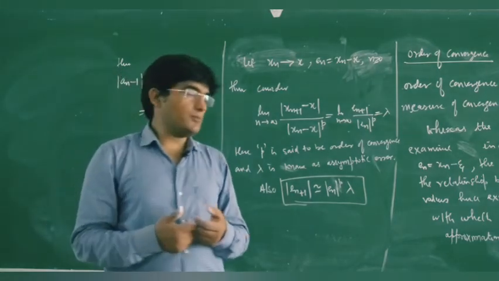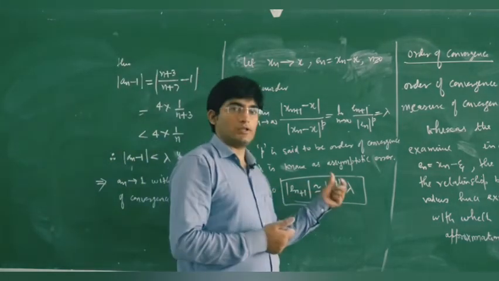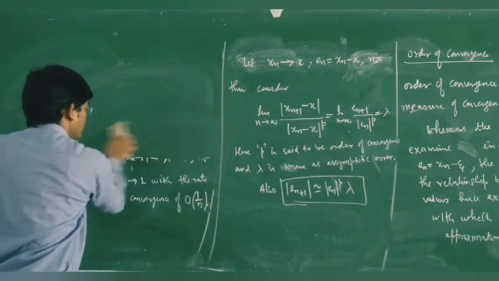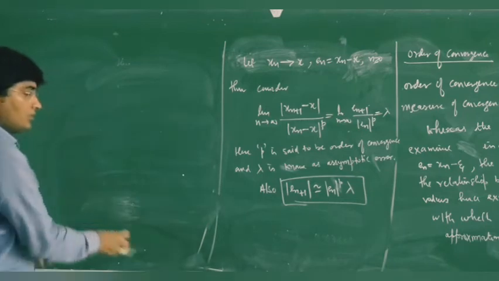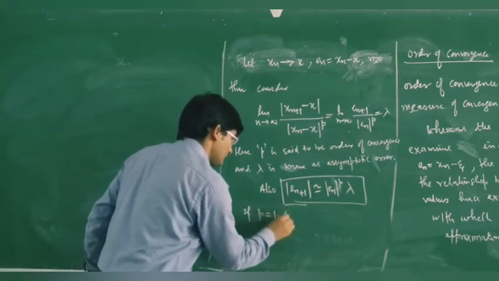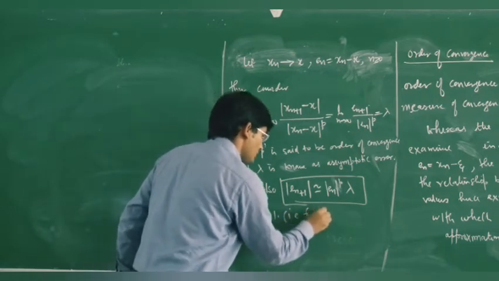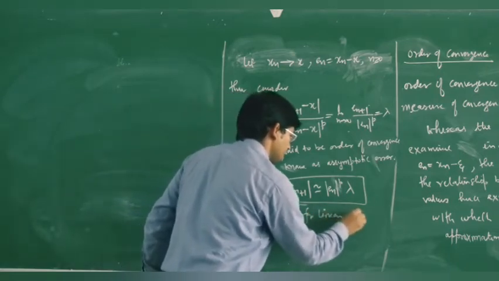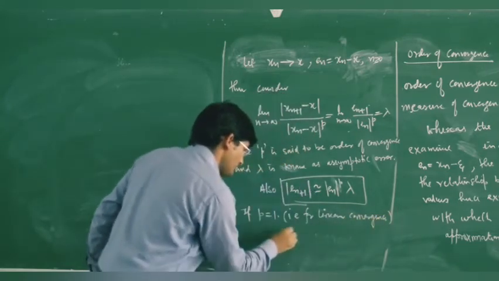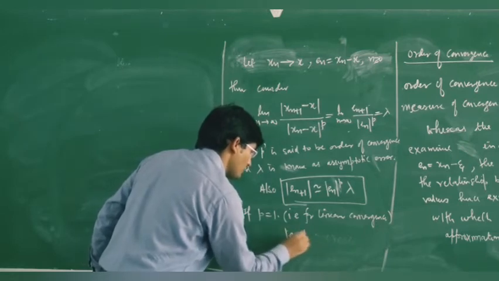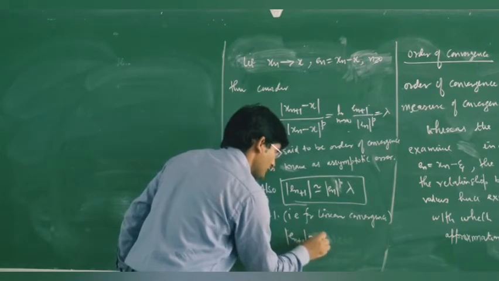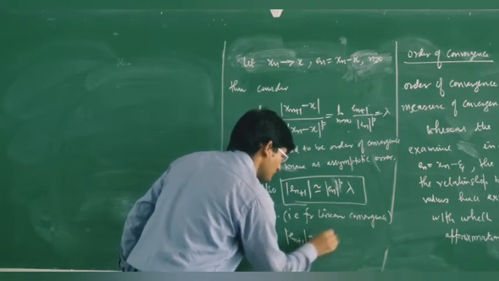For a linear rate of convergence, p will be equal to 1. In this case, modulus of en plus 1 is approximately equal to lambda times modulus of en.